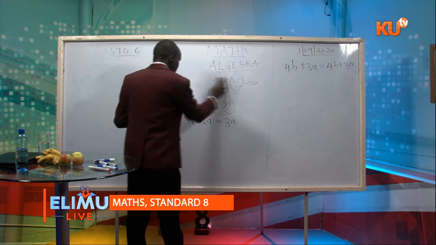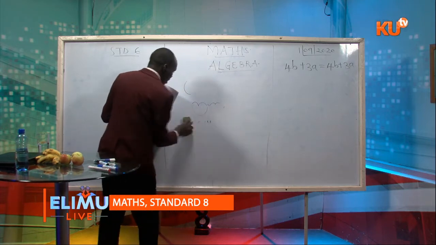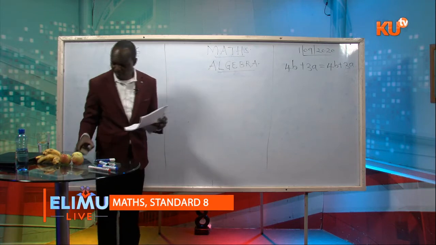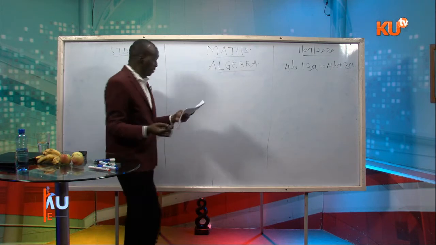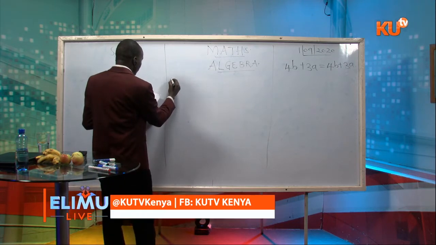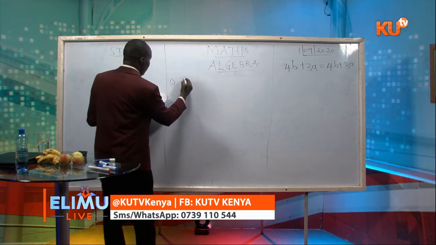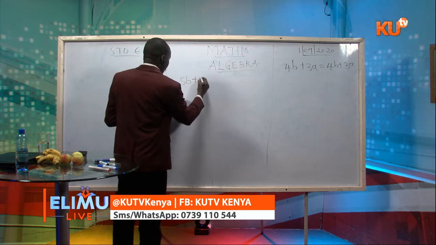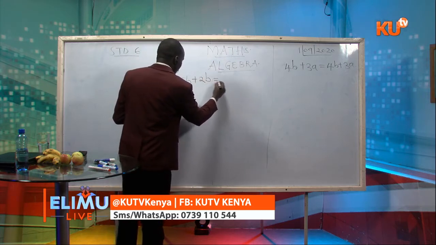Here are more examples we can now work out using algebraic expressions. The first example is 5b plus 2b.